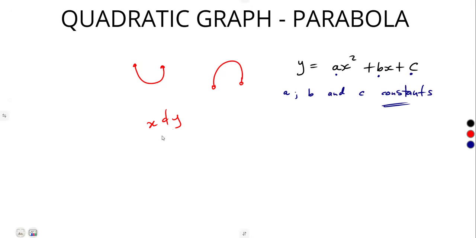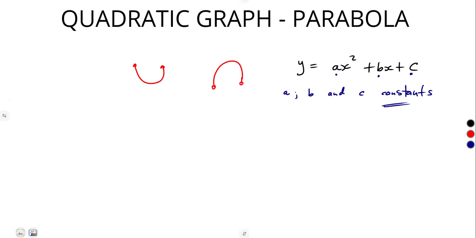We're not going to have any substitute for that. So what we can have here is, for example, y is equal to 2x squared minus 3x plus 4, where these are simply constants.